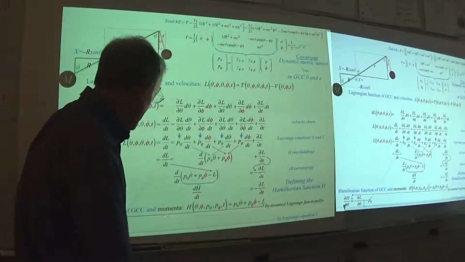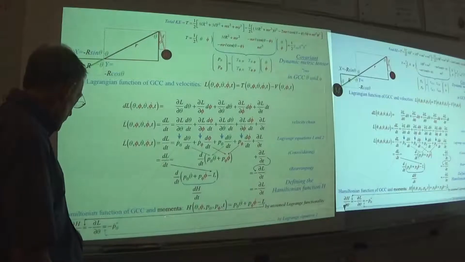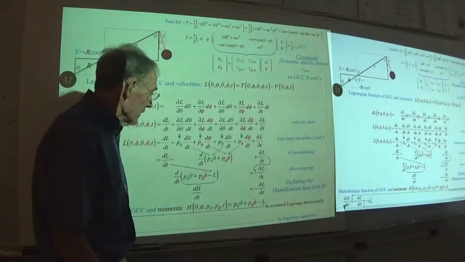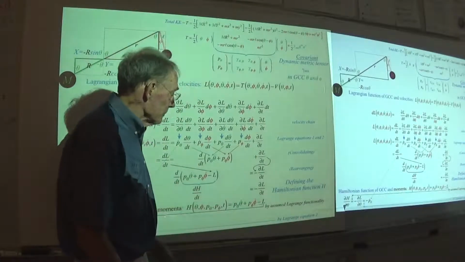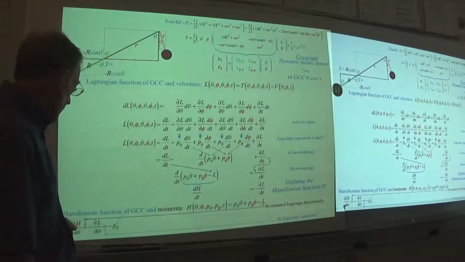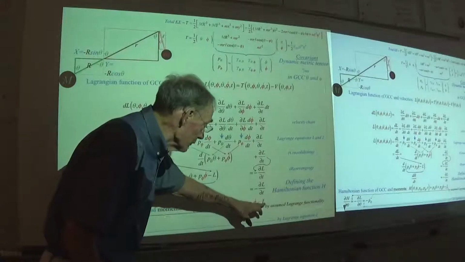So the first one right here is the partial derivative of this h with respect to theta. Well, there's nothing in here that is explicit in theta, so what I can do here is just say that's simply minus the partial derivative of L with respect to theta.